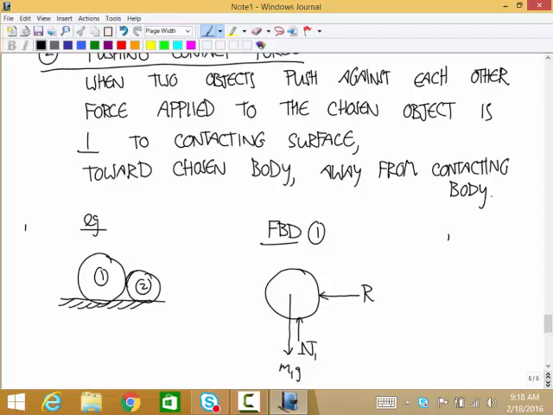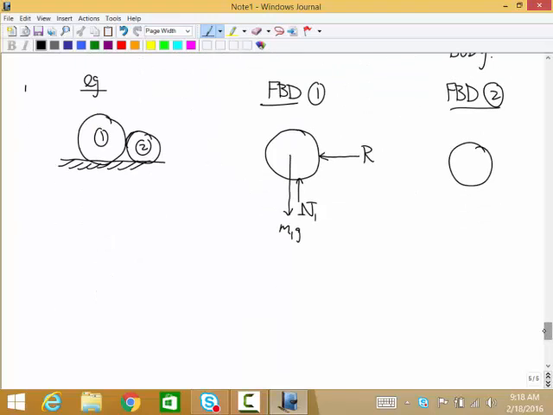And then, okay, so let's do a free body diagram of ball 2. What forces are acting on ball 2? Yeah. So I'll call that M2G. Then there's the pushing contact from the floor. I'll call that N2.